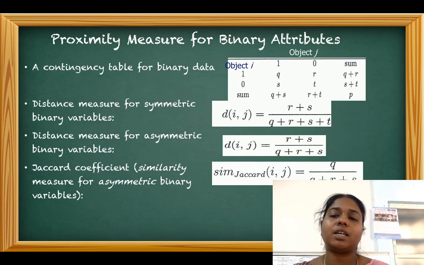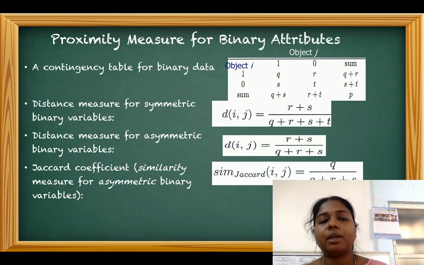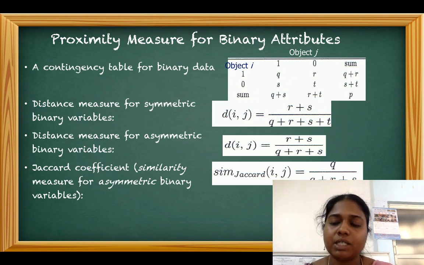Once I create this contingency table for the class, I can see if they are symmetric variables. Symmetric variables means both above 75 and below 75 will have the same preference. It is not so here, so I cannot use this. If it is symmetric, say for example girl and boy, the gender if I take, then the variable becomes symmetric.